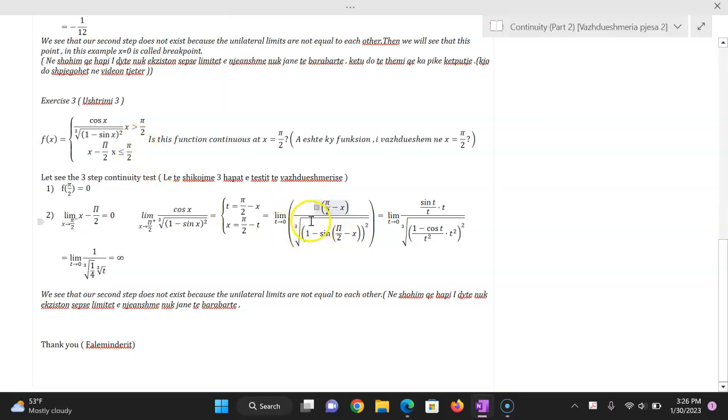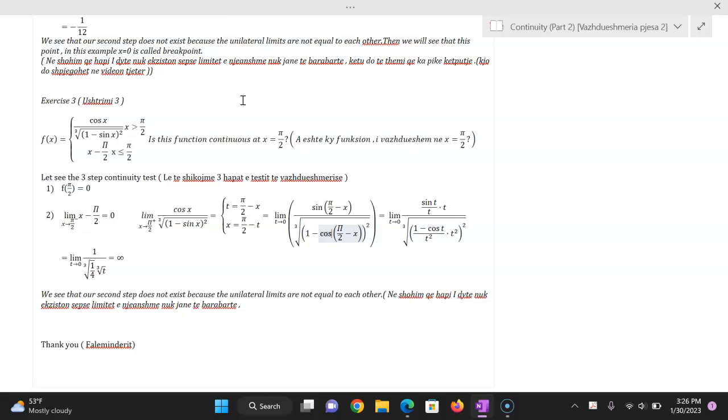Now the question is: is this function continuous at x equals pi over 2? Well, again, we'll see the three-step continuity test. The first step is that f of pi over 2 must be defined, and that is equal to 0. So this is defined.